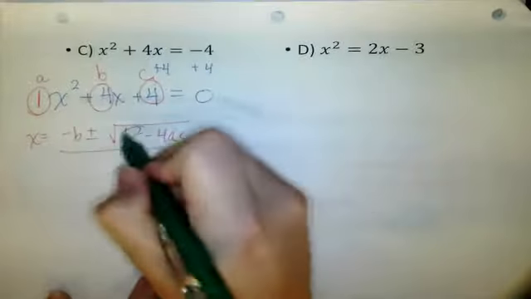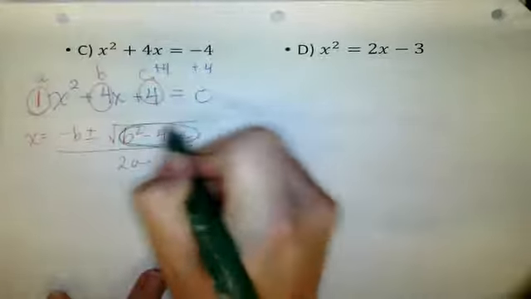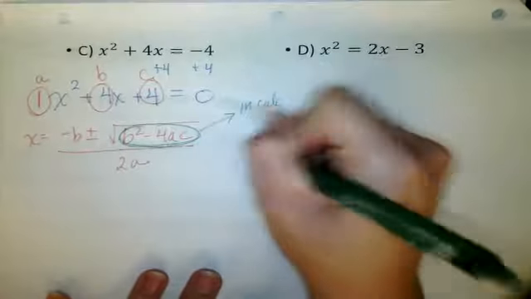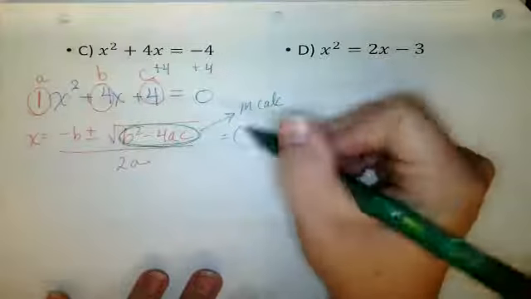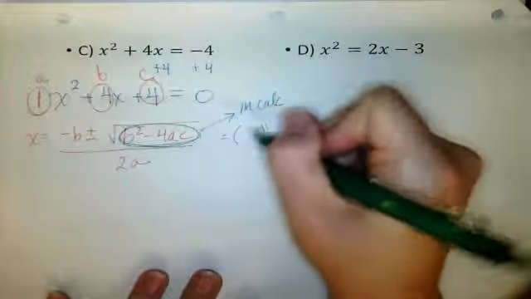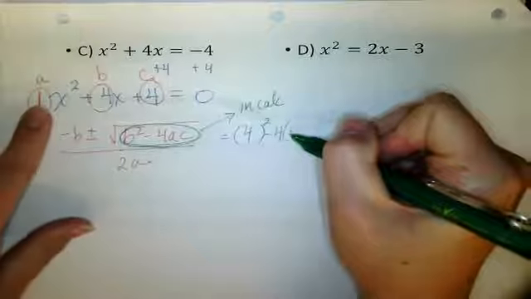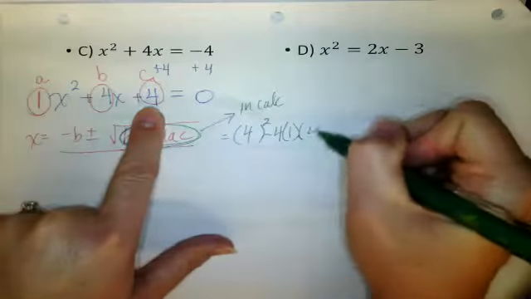All right. Under the radical is the discriminant. I'm going to put that in my calculator. B squared. B is 4. 4 squared minus 4 times a times c.